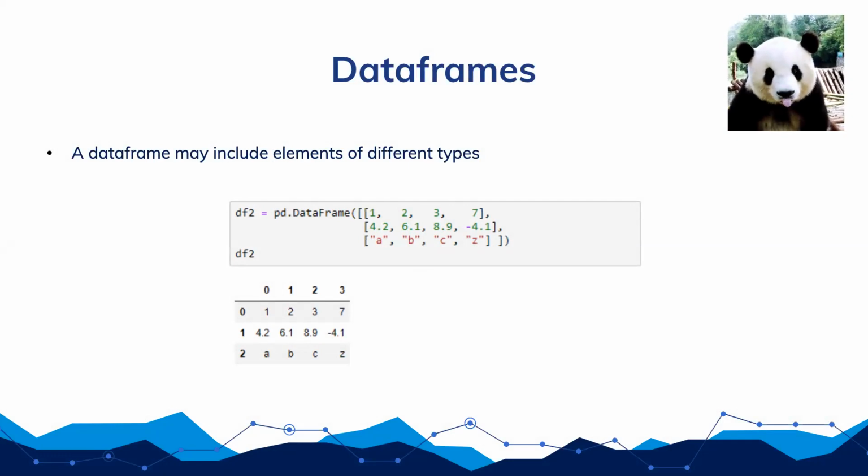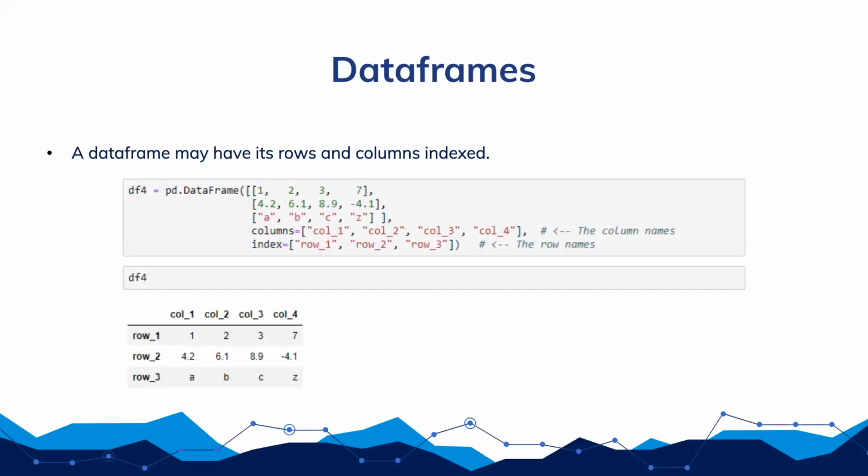In this case, you can use different types of data. If you want to define your column names and your row names inside the DataFrame, you can also specify them. You use columns to define the column names, and you use index to define the row names.